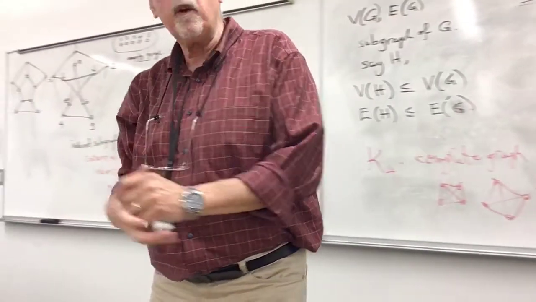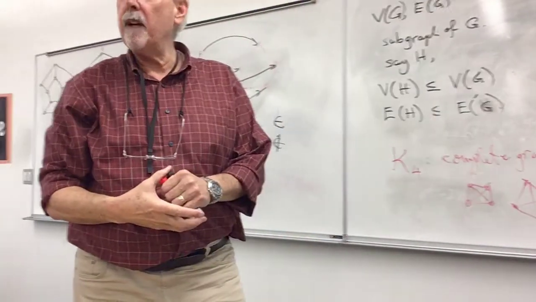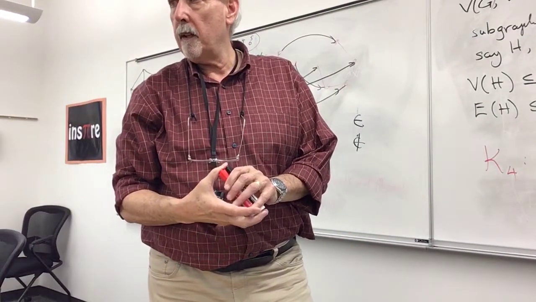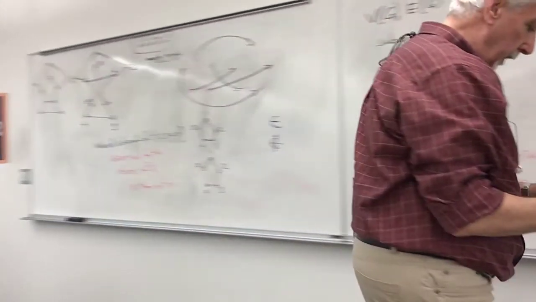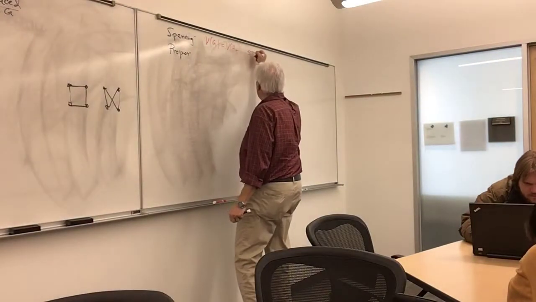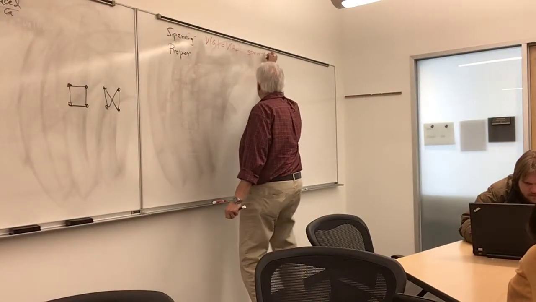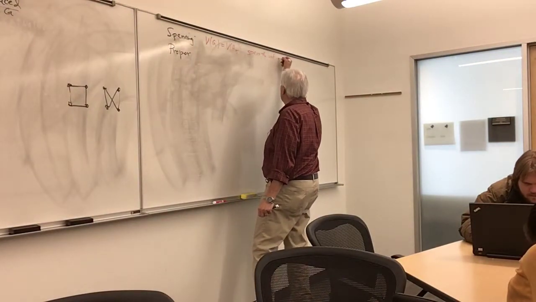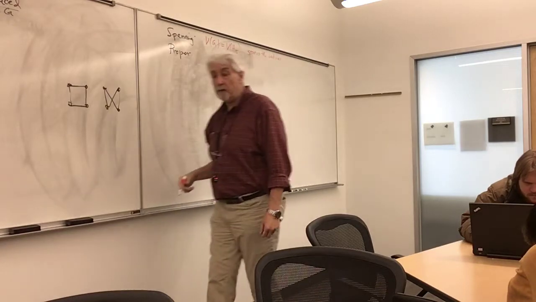In that case, we call the subgraph H5 a spanning subgraph. So it spans all the vertices of G.